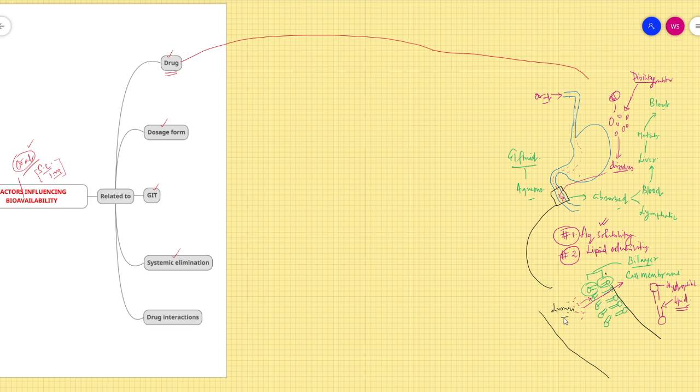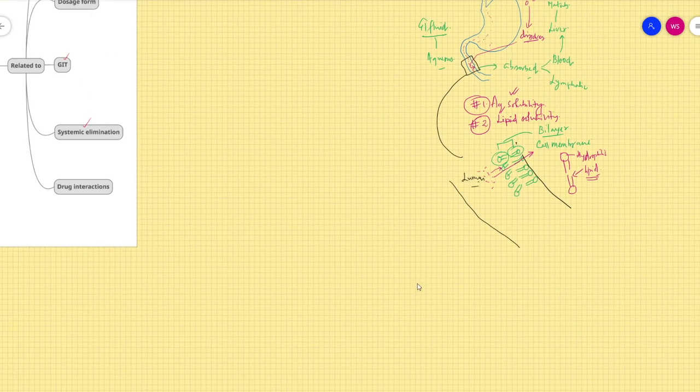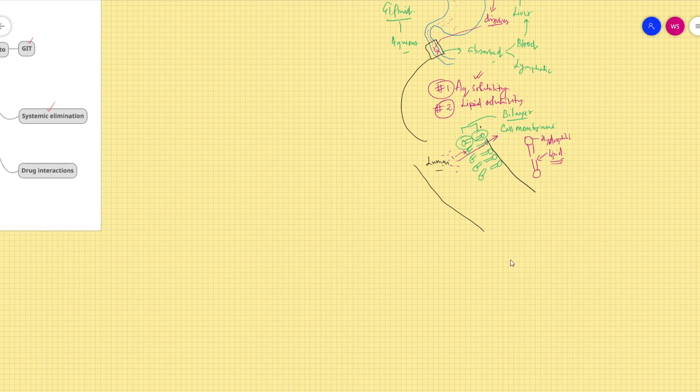Let's write it down somewhere here, that we need two properties. It should be lipophilic and it should be hydrophilic. A drug for oral administration should have these two properties, a bit of lipophilicity and a bit of hydrophilicity.